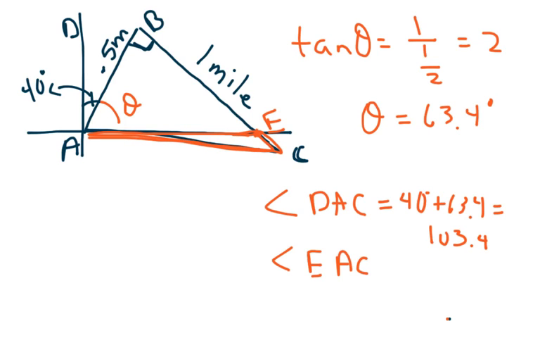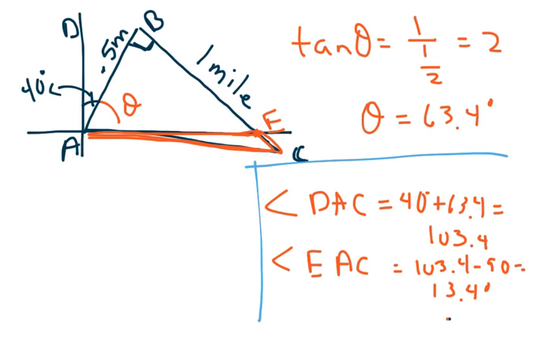Right in there. So that is going to be 103.4 minus 90, which equals 13.4.